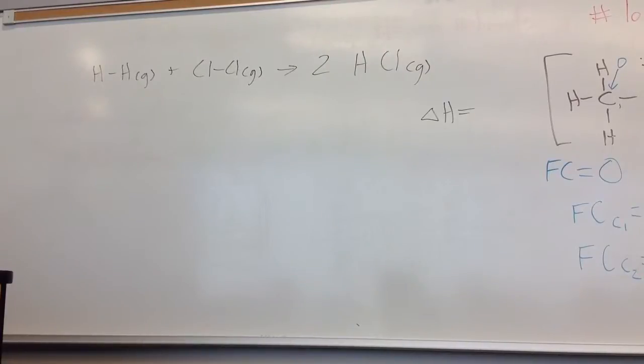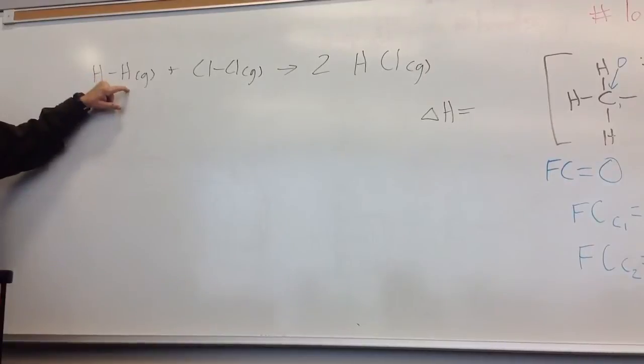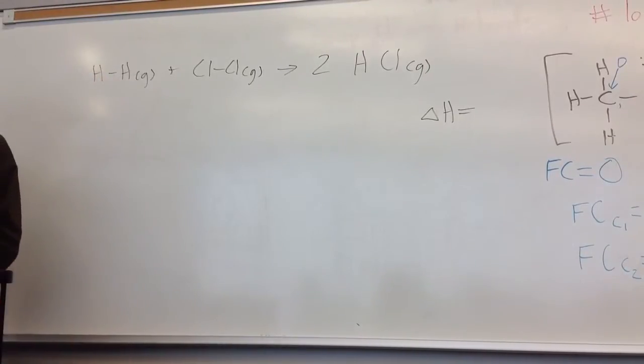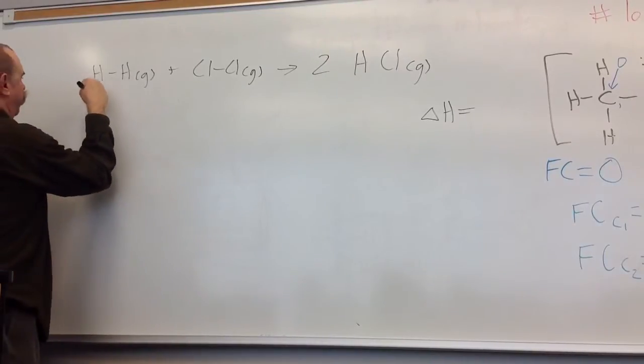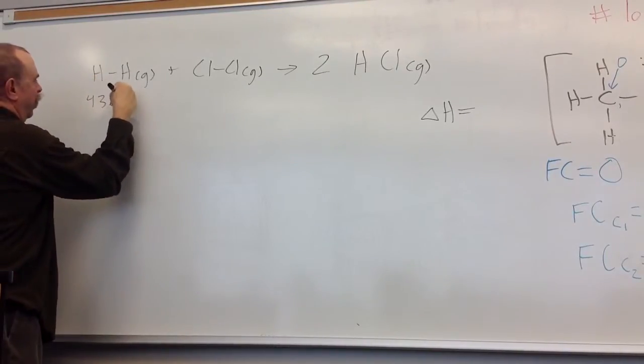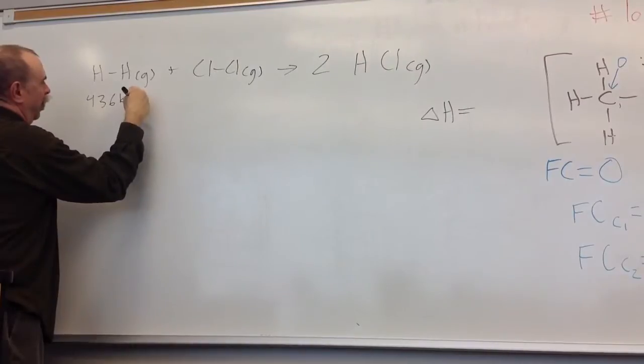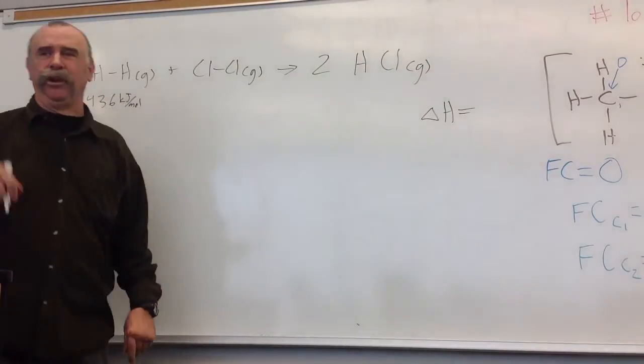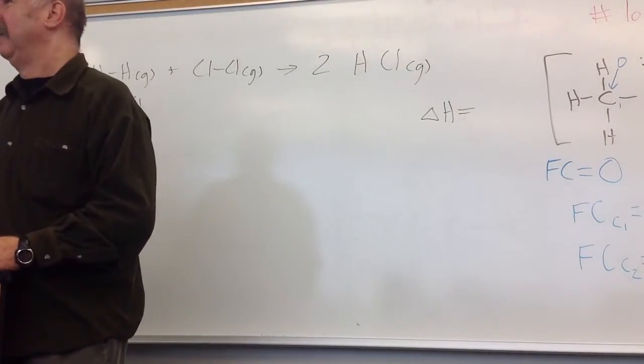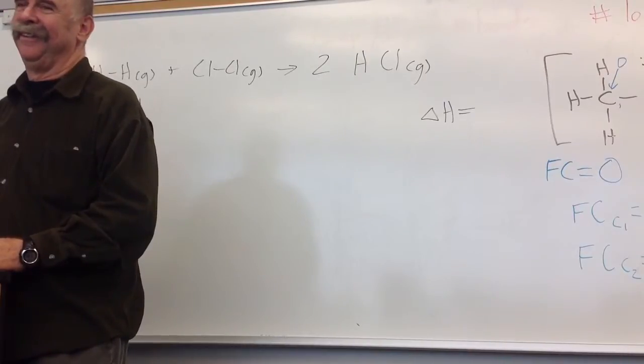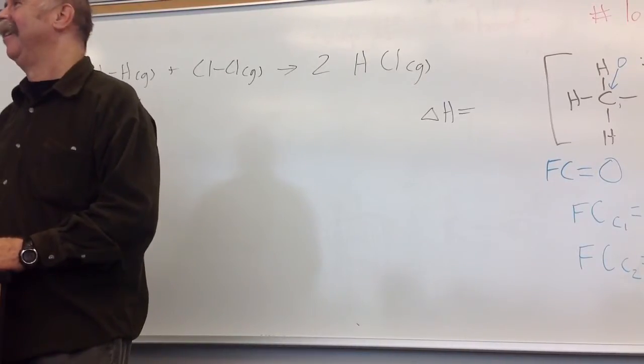The H2 gas conversion, yeah. And then the Cl2. To break these two hydrogens apart, would I have to add 436 kilojoules per mole? And what was another one? The Cl2, 243 kilojoules per mole.